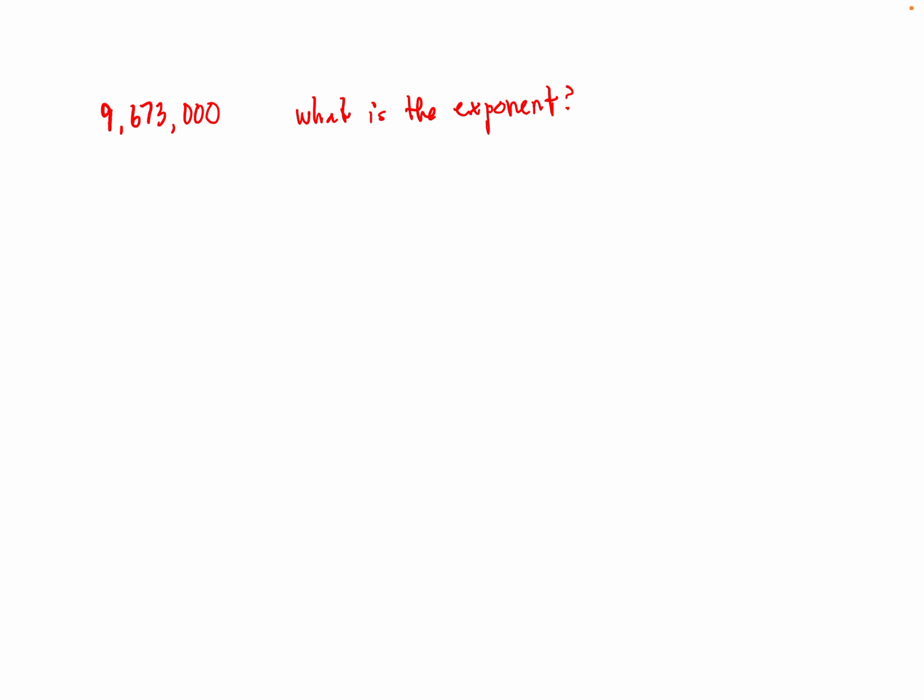So what would be the coefficient that we would need to make for this number? Yeah, so we need to use all the non-zero numbers, right? So it'd be 9.673. And then going backwards, that's going to be times 10, and we need to figure out the exponent.